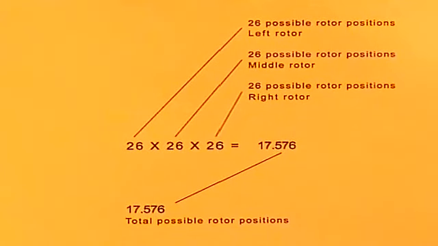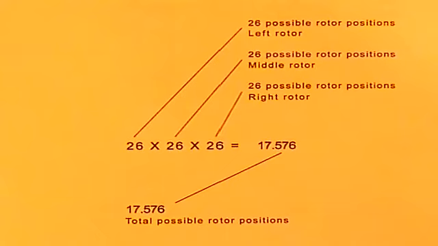Each rotor can turn in 26 different positions for the letters A to Z. Since 3 rotors are used in the Enigma, that means a total of 26 multiplied by 26 multiplied by 26.